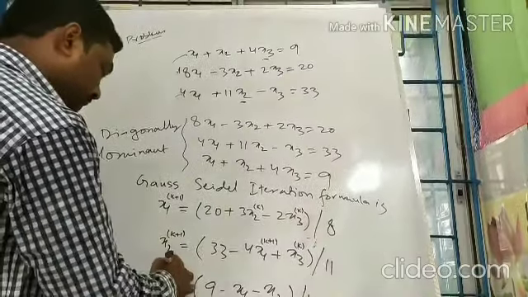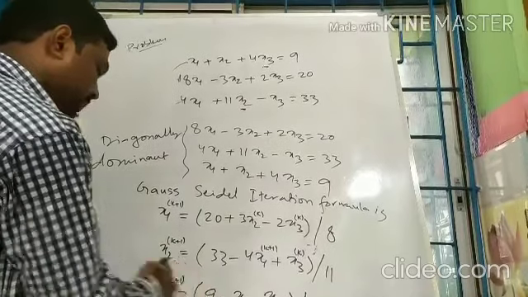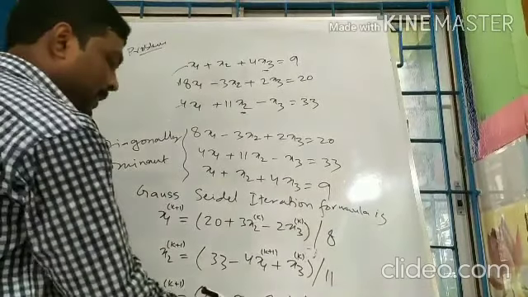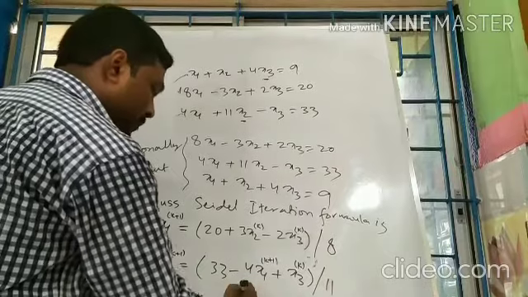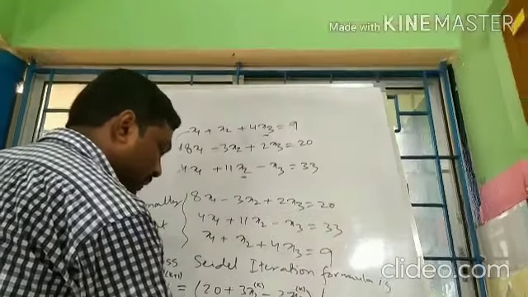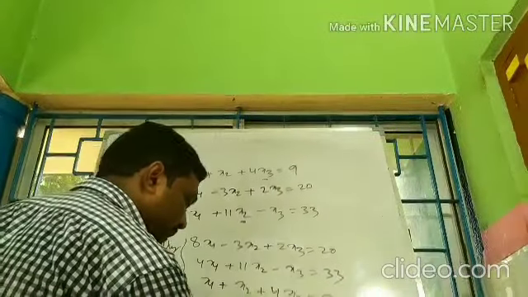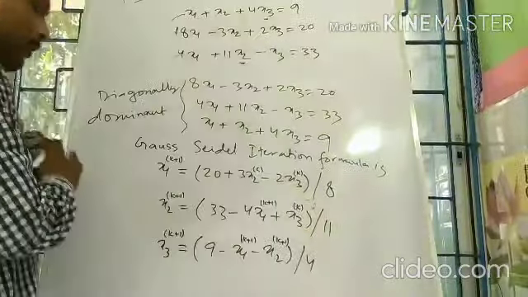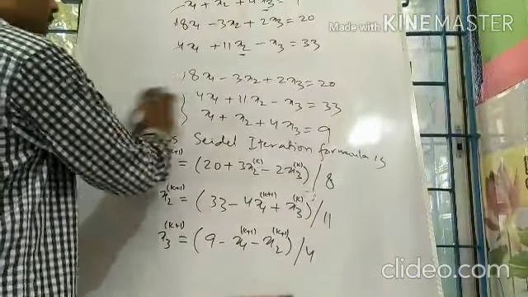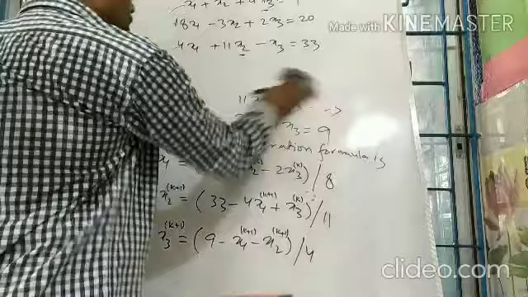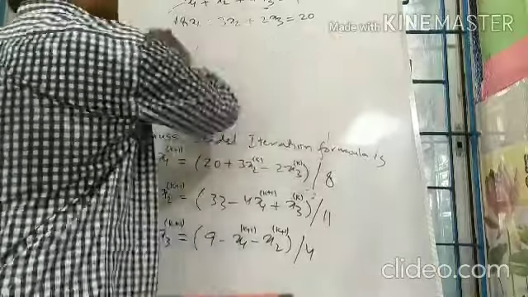Now the present iterative value of x3 equals 9 minus the present value of x1 minus the present value of x2, divided by 4. This is the Gauss-Seidel iteration formula for solving the given system of equations.